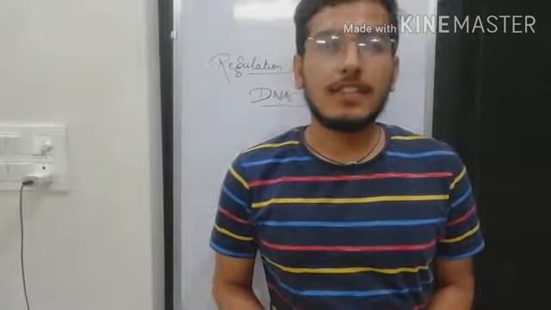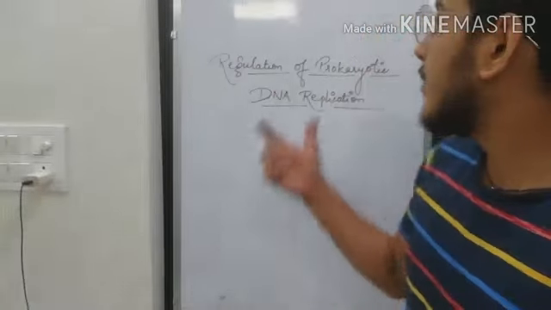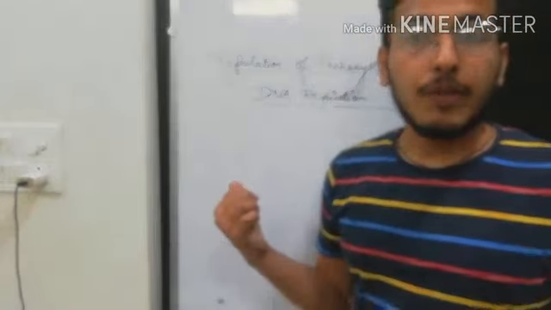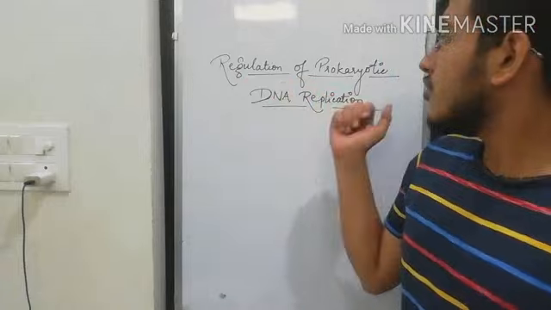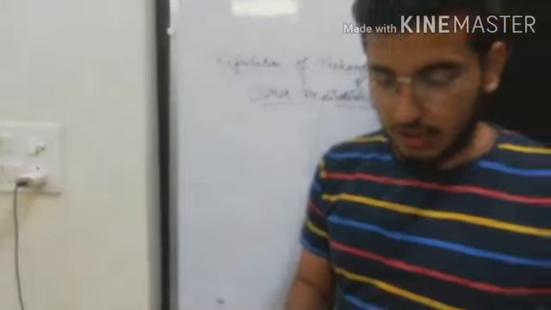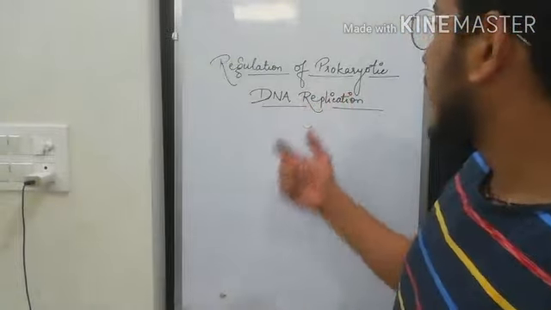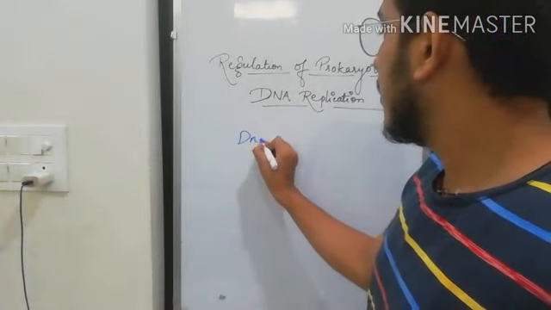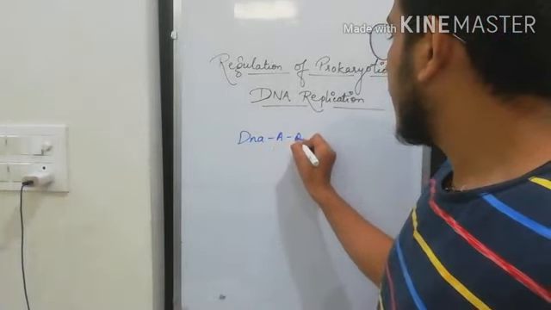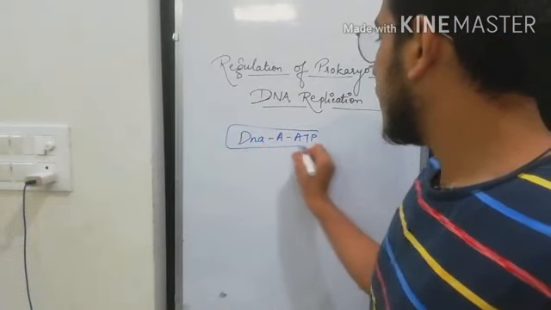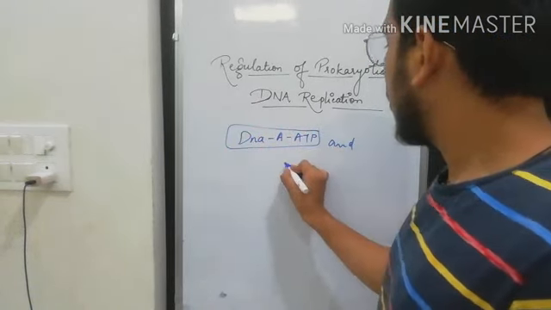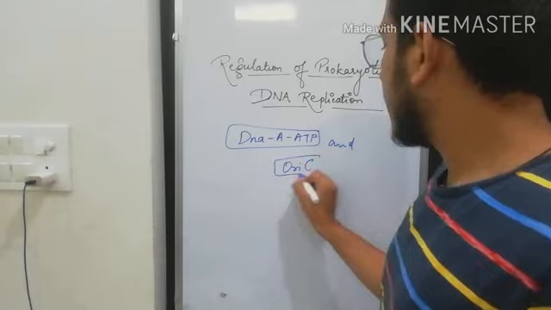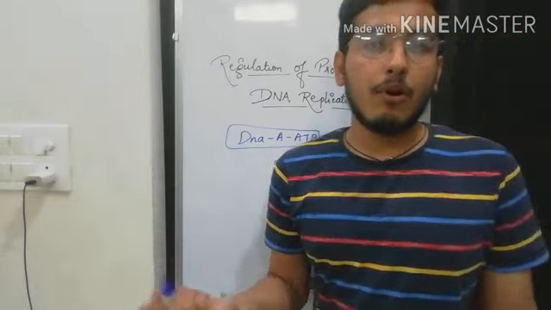So in the last class, we studied DNA replication in prokaryotes, and today we'll focus on regulation of prokaryotic DNA replication. In the regulation of prokaryotic DNA replication, DnaA-ATP and oriC both play a very important role.